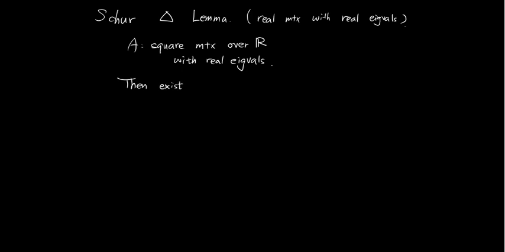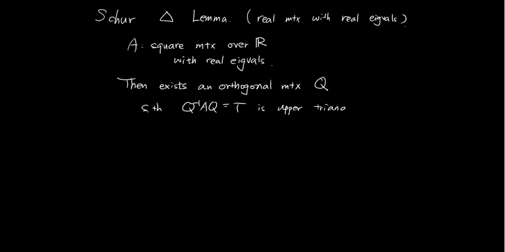There exists an orthogonal matrix Q such that, again, Q inverse AQ is equal to T, and it is upper triangular and over R. T itself is also a real matrix.